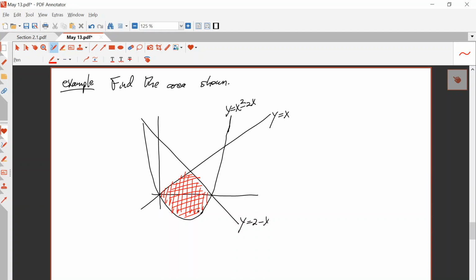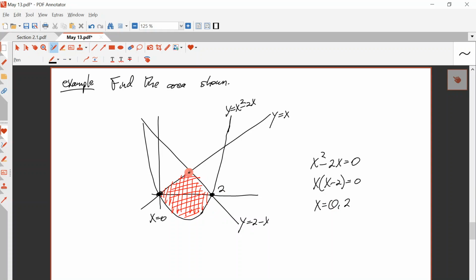Okay? Well, we need to find various interesting points here. Certainly this is the origin, x equal to 0. What about this point here? This is where y equals x squared minus 2x is 0. So x squared minus 2x is equal to 0, which is also this point. You just factor that. So x is equal to 0 and positive 2. So this is positive 2 right here.